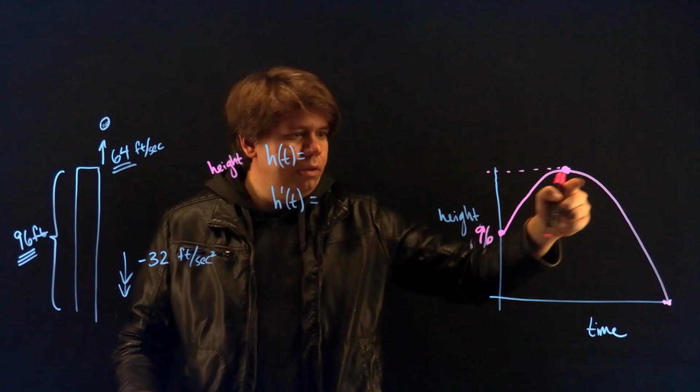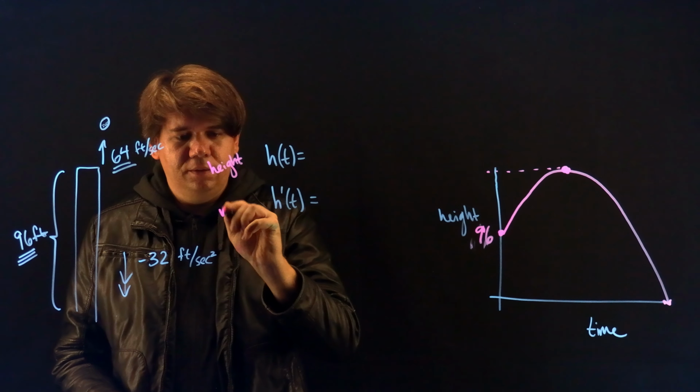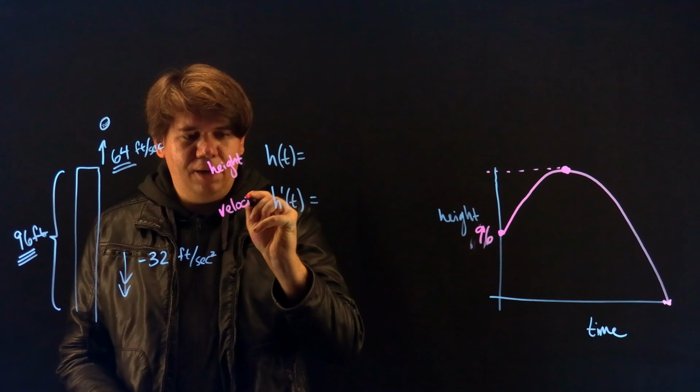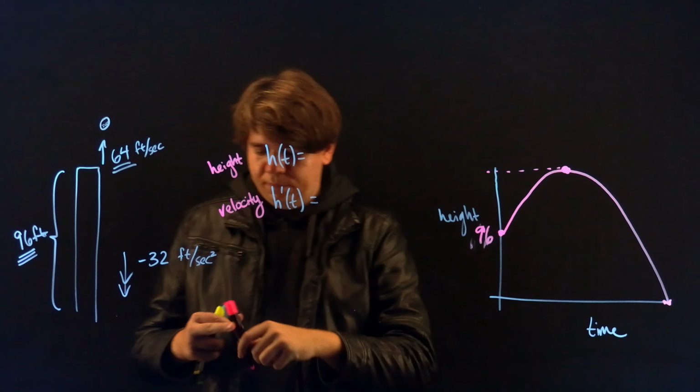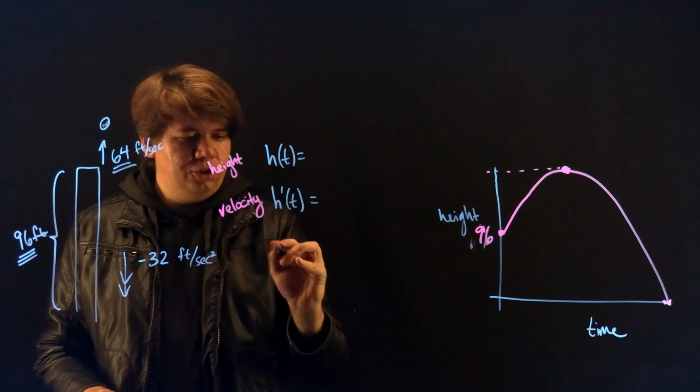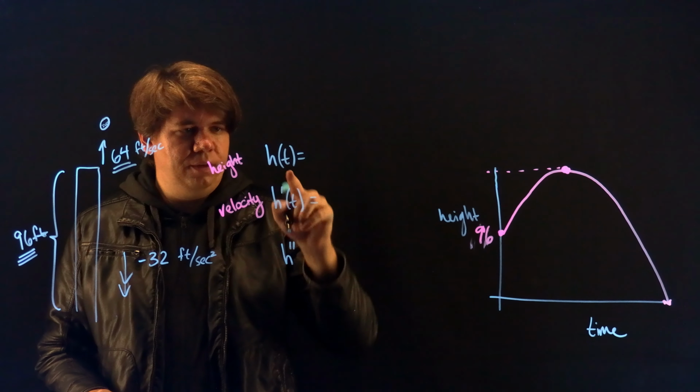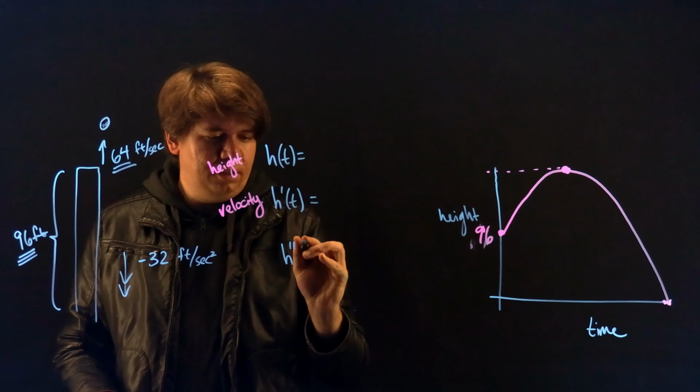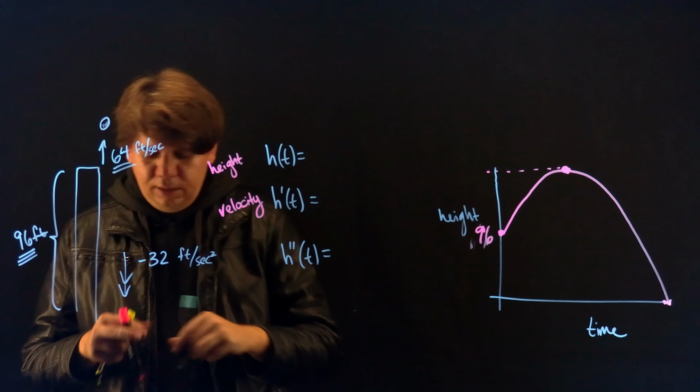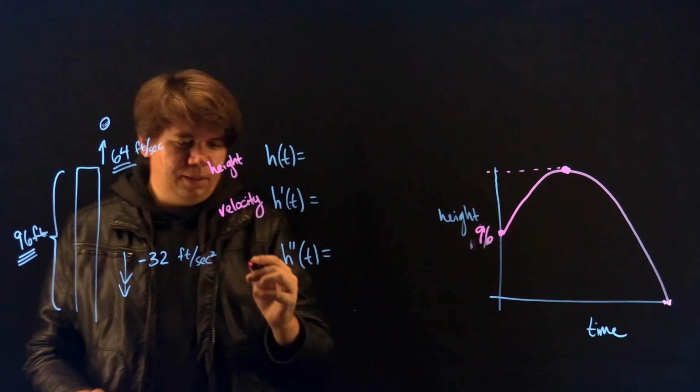Your rate of change of height over time is your velocity. Your upward or downward speed, your velocity. And h double prime, the second derivative of height, the derivative of velocity, is your change in velocity, which is our acceleration.